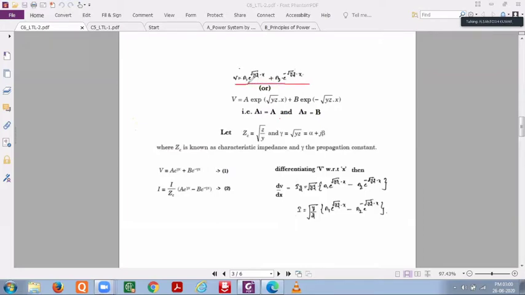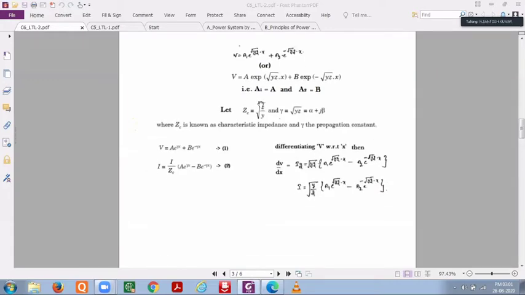So I'm writing this A1 as A and this A2 as B. Remaining everything is the same: exponent root YZ into x plus exponent minus root YZ into x. Just to avoid the confusion between A1, A2 and A2, A1. Okay, is that clear? So now A1 equals A and A2 equals B.